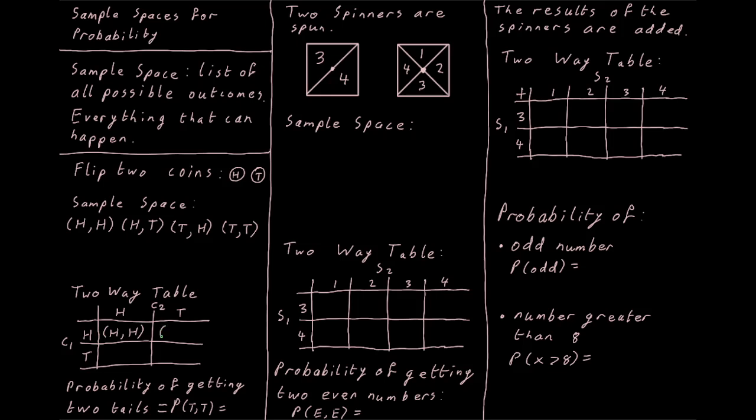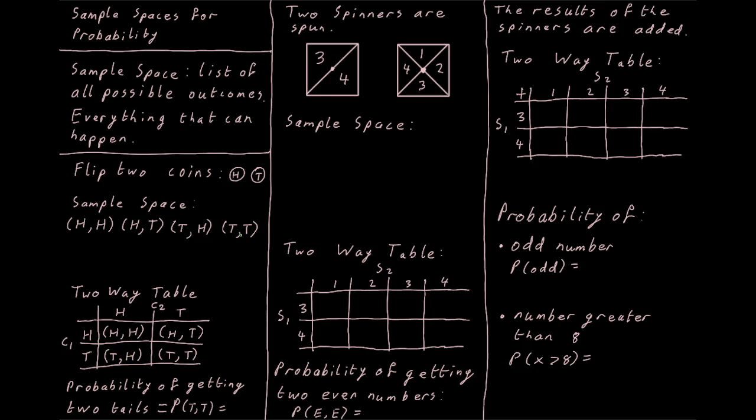I've got a head on the first coin, and I got a tail on the second coin, and I got a tail on the first coin here, so tail for the first coin, a head on the second coin, and here I got a tail on the first coin, and I got a tail on the second coin. So this table allows me to create the same list, but if the list is quite big, it's easy to miss something if we don't use a structure like this.